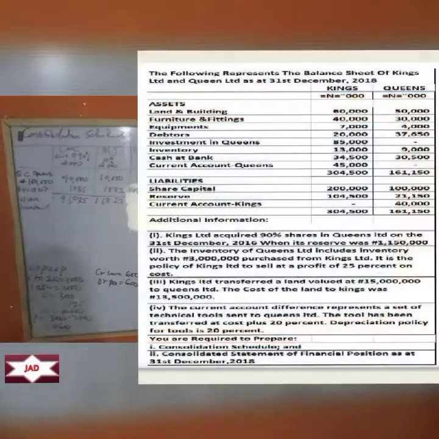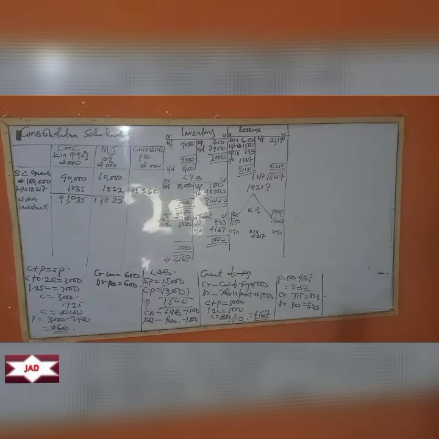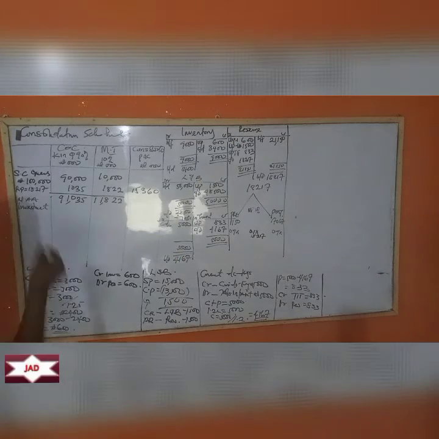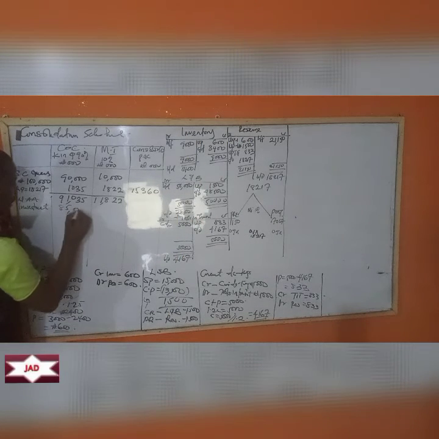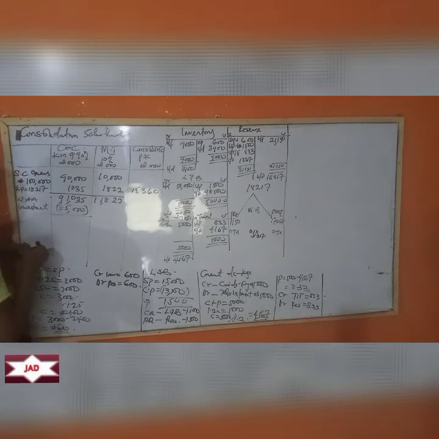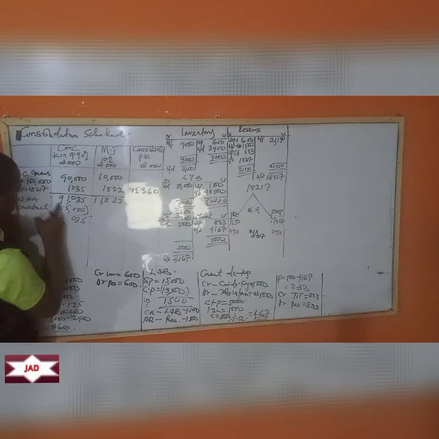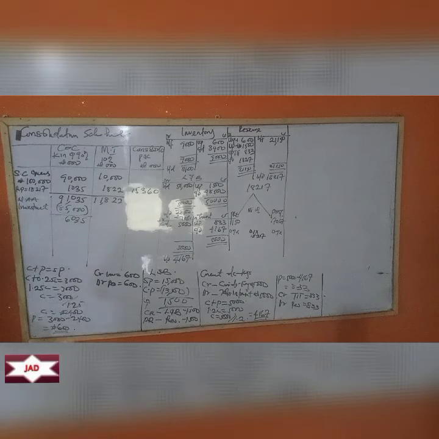Kings invested in Queens for 85 million, so this is 85,000. There's a difference here: 91,035 minus 85,000 is 6,035.